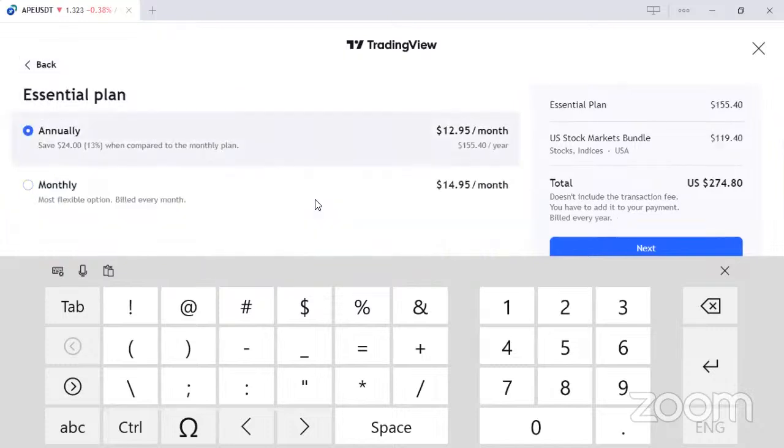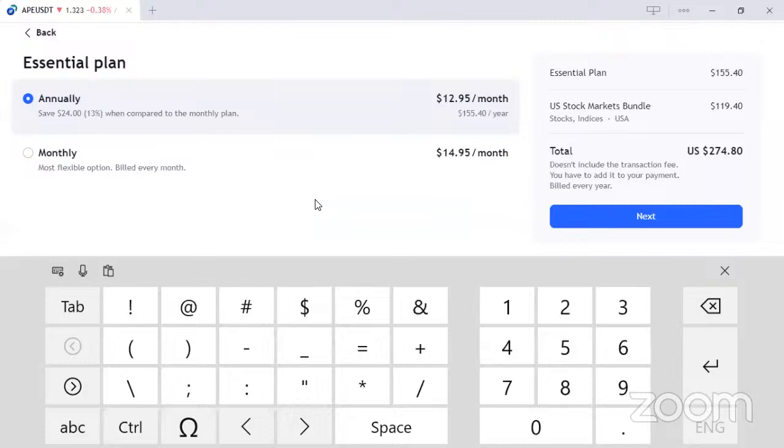So annually, let me see. 274. This capital can make me a millionaire. I give it to you once. Goodbye trading. I'm not going to pay.